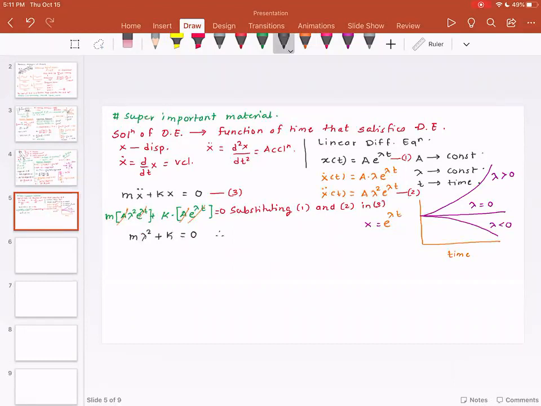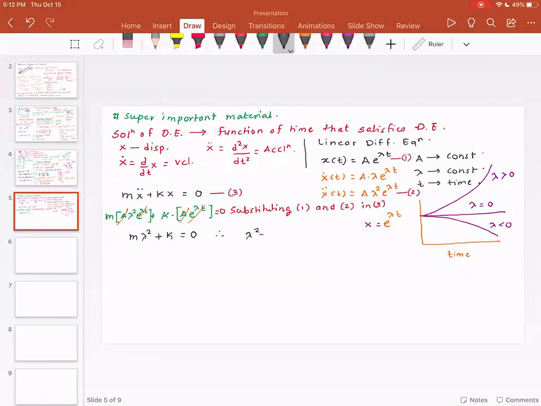Now what this means is, please note, the value of m is a physical quantity, for example, mass. Mass is given in kilograms. So it could be 2 kilograms, 3 kilograms, 5 kilograms, 10 kilograms. The value of k is a stiffness constant that could be 5 Newton per meter, 10 Newton per meter. It's a number. But if I give you the value of m and the value of k, you can tell me the value of lambda.